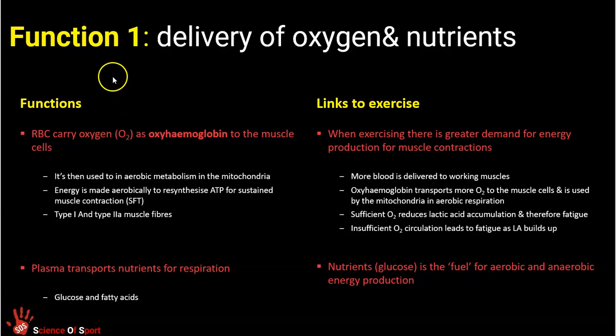So let's look at function number 1, delivery of oxygen and nutrients to the muscles. So obviously we're learning about this in the context of being sports performers. So to work aerobically, to make energy aerobically, your muscles need a constant supply of oxygen, and generally that's not a problem.